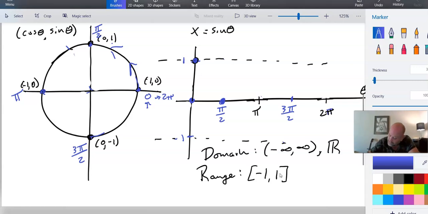Okay, so if we jump out to pi now, I'm just going to keep following the circle around, I see that my x value is now at negative 1, so I'm down here. And then 3 pi over 2, I'm at 0 again, so I came back up. And then at 2 pi, I'm back to the first value, which is at 1. And so we end up with this.